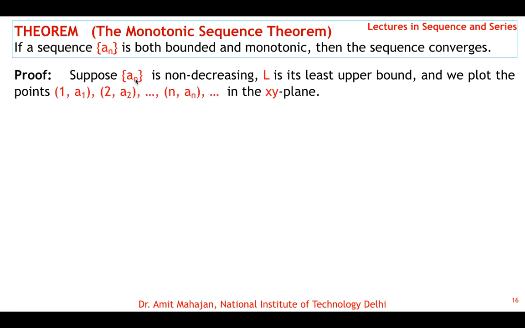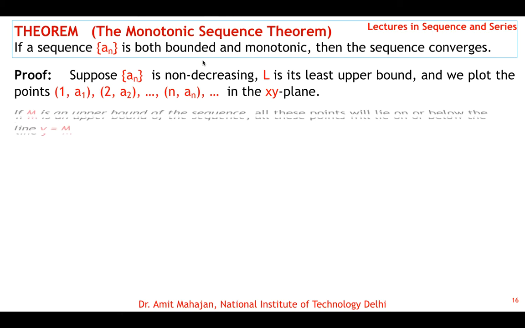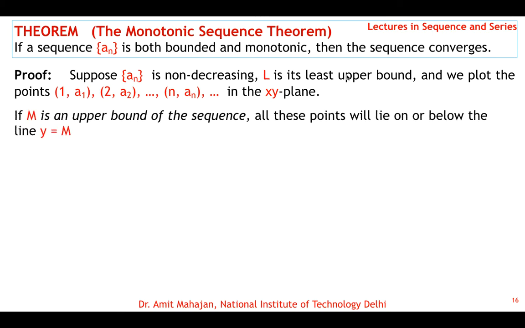Suppose a sequence an is monotonic and non-decreasing. Similarly, you can prove this for non-increasing with the same concept. Because it is non-decreasing and bounded, it is bounded from above, so let L be the least upper bound.